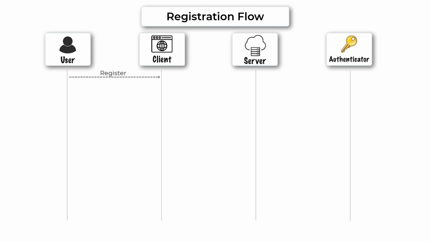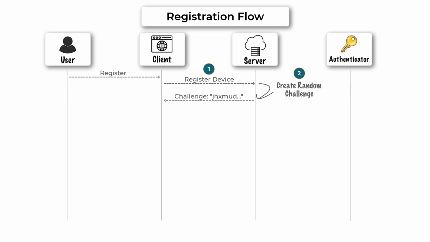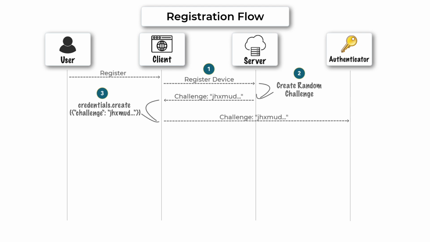So, when you try to register your device, here is what happens. The client sends a request to the server saying, "Hey, this user wants to register a new device." The server generates a challenge, just a random bit of data, and sends it back to the client. The client now uses the WebAuthn API and calls credentials.create, passing in the challenge.